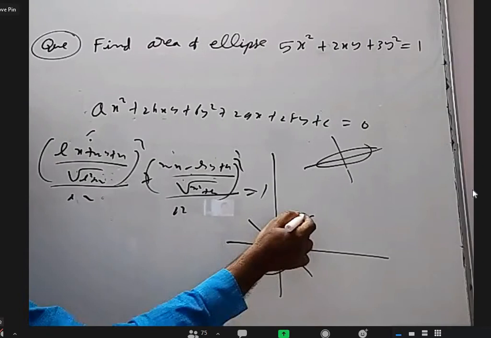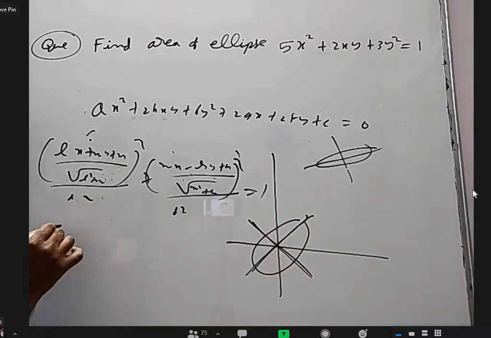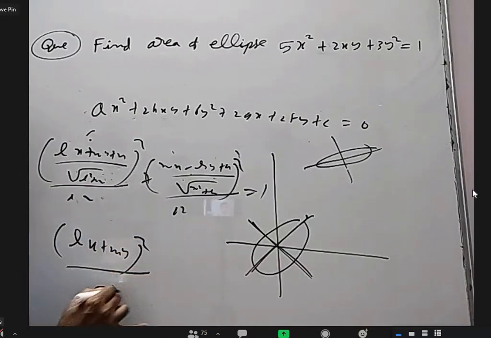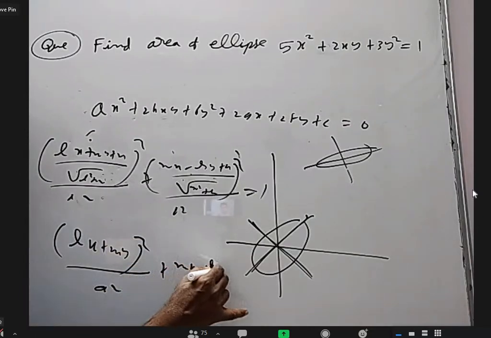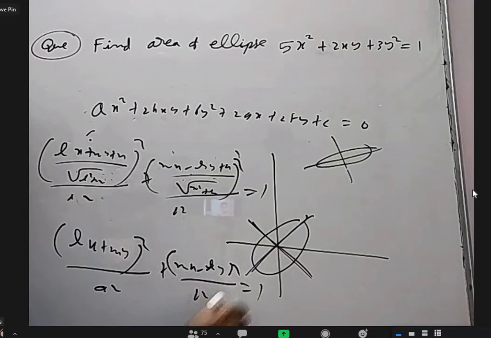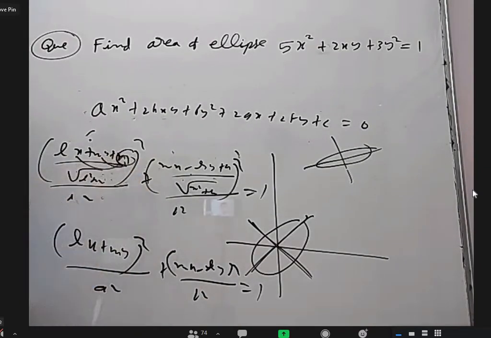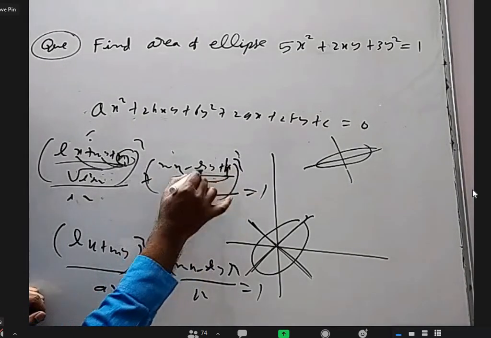But if the major axis and minor axis pass through the origin, then I'll have only (Lx plus My), no constant, whole square by a square, plus (Mx minus Ly) whole square by b square equal to 1. If I expand this, because of this n, you will get some x term and some y term, correct? Yes, sir. Here, because of this k, you will get some x term and y term.